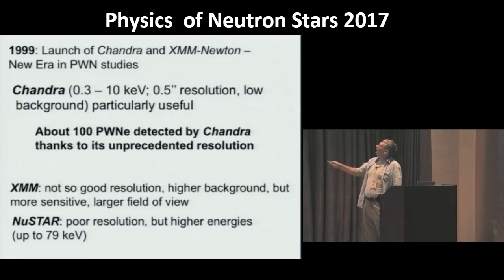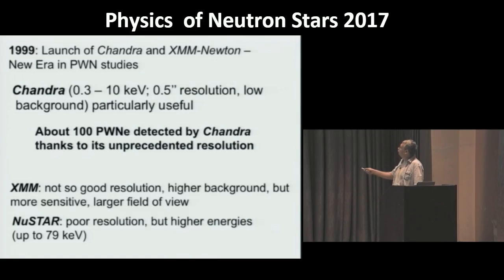So there was a big step forward in terms of studies of pulsar wind nebulae, which came with the launch of Chandra and XMM-Newton. Of course, everyone by now knows what these observatories are, what range of energies they're observing, and how great the resolution is, really comparable to the resolution of optical telescopes, 0.5 arc seconds for Chandra. For XMM, it's maybe not so good, but it has much larger collecting area and a larger field of view, but also the disadvantage of a higher background.